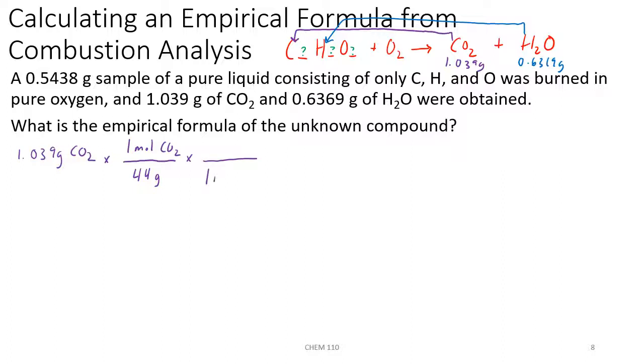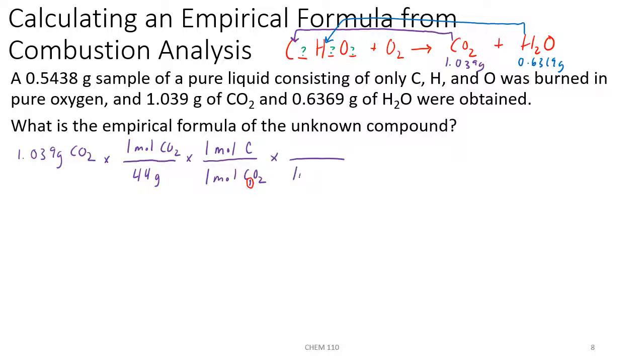Now, looking at our formula for carbon dioxide, for every 1 mole of CO2, there's 1 mole of carbon, and for every 1 mole of CO2, there's 2 moles of oxygen. Recall we can look at the subscripts in a chemical formula to write mole-to-mole ratios. We're interested in carbon right now, so we can say that 1 mole of carbon dioxide is equivalent to 1 mole of carbon.